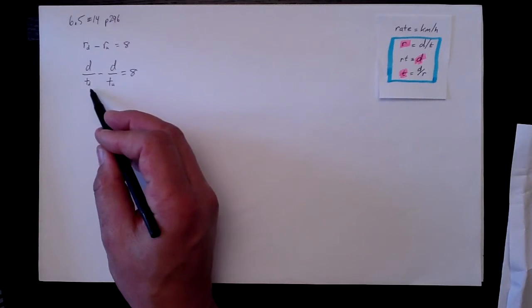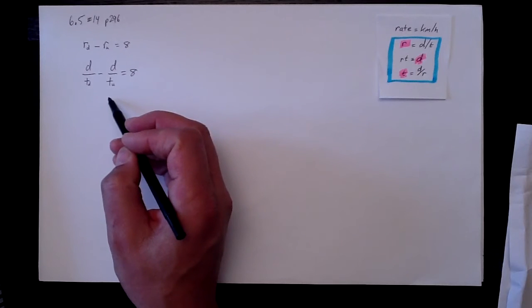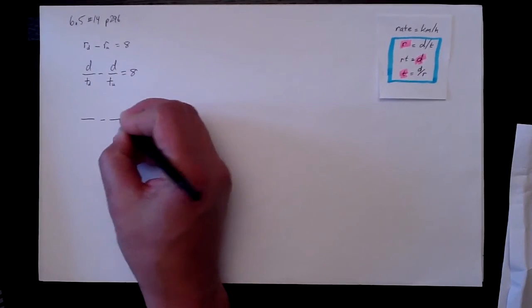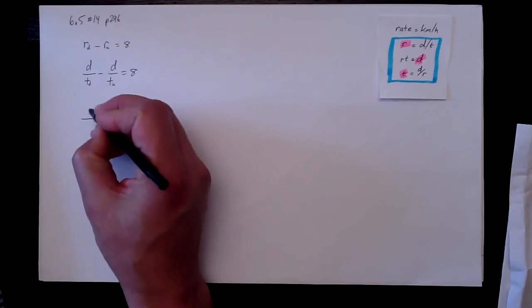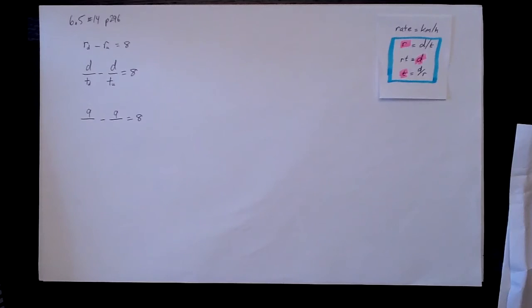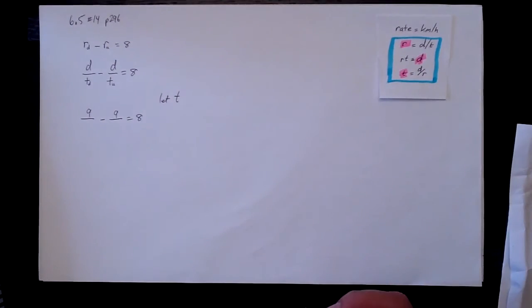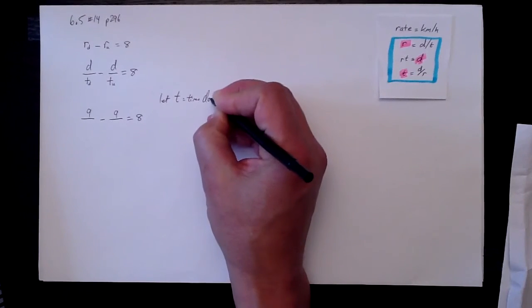So let's define one of these variables as t, so we don't have this little t_d and t_u business. So let me set up this equation again. And we know that the distance is 9 kilometers, so I'm going to put the 9s in. And I'm going to say let t, we'll just call this t now, equal time downstream.